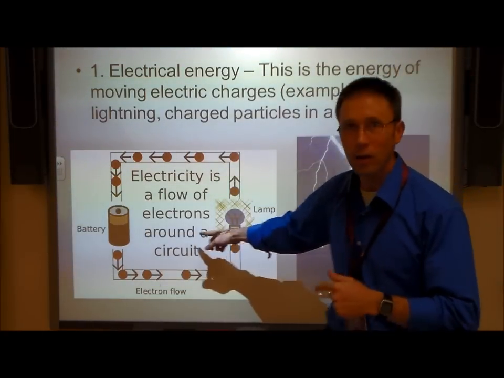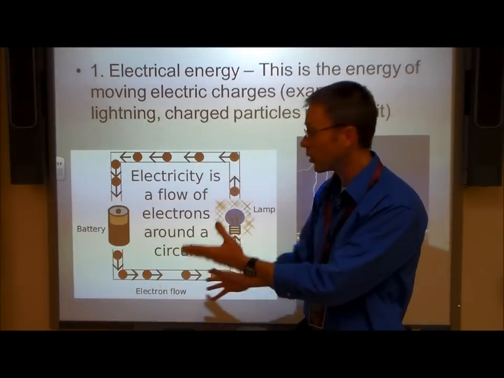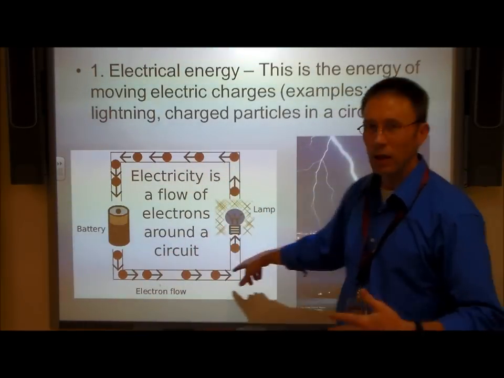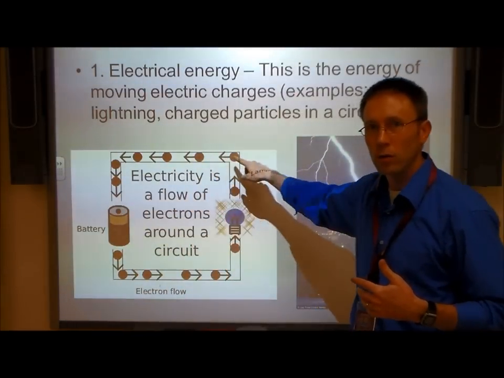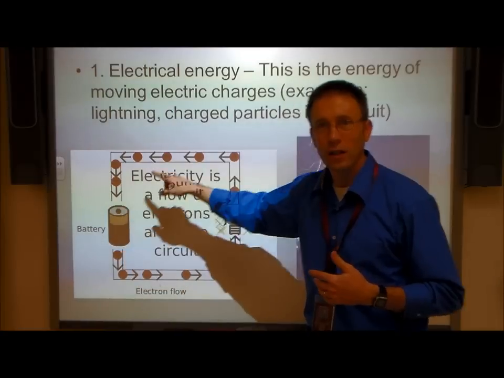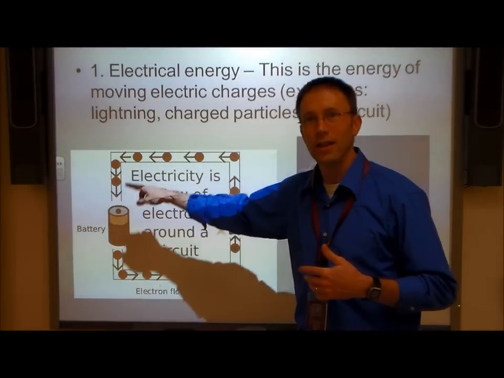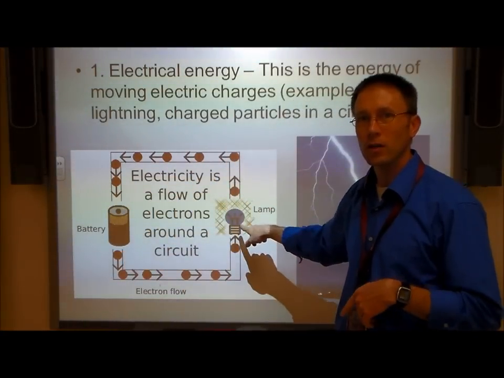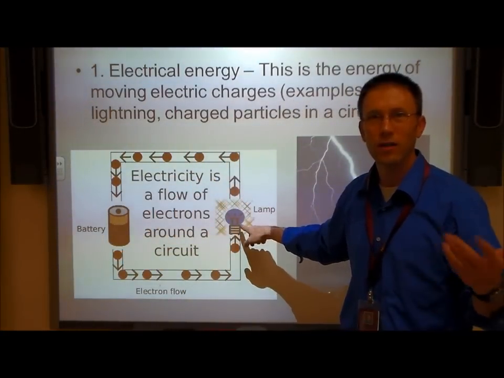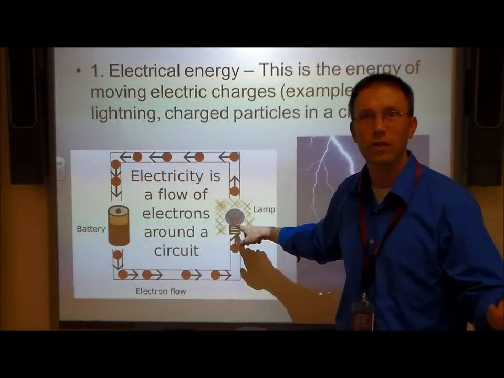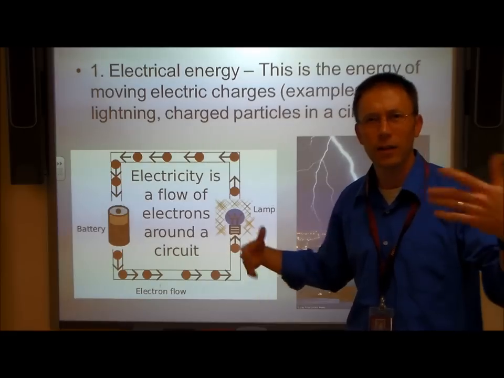For instance, here we have a setup like with a flashlight, okay? And the electrons flow through what's called a circuit. And as they flow through the circuit, they are transformed into some other kind of energy that we want to use. So, let me explain.